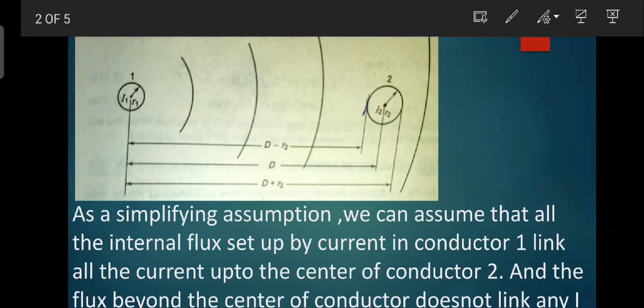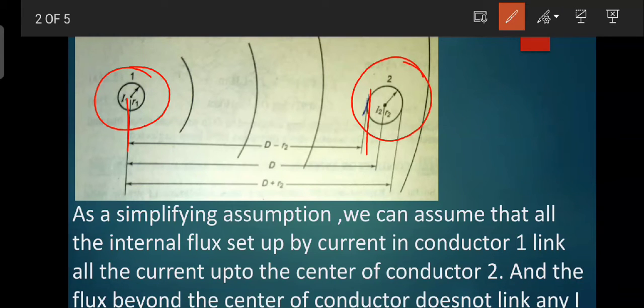So these are the two conductors. This is one conductor with radius r1, and this is another conductor with radius r2, and they are separated from each other by capital D, the distance from the center of the first conductor to the center of the second conductor.